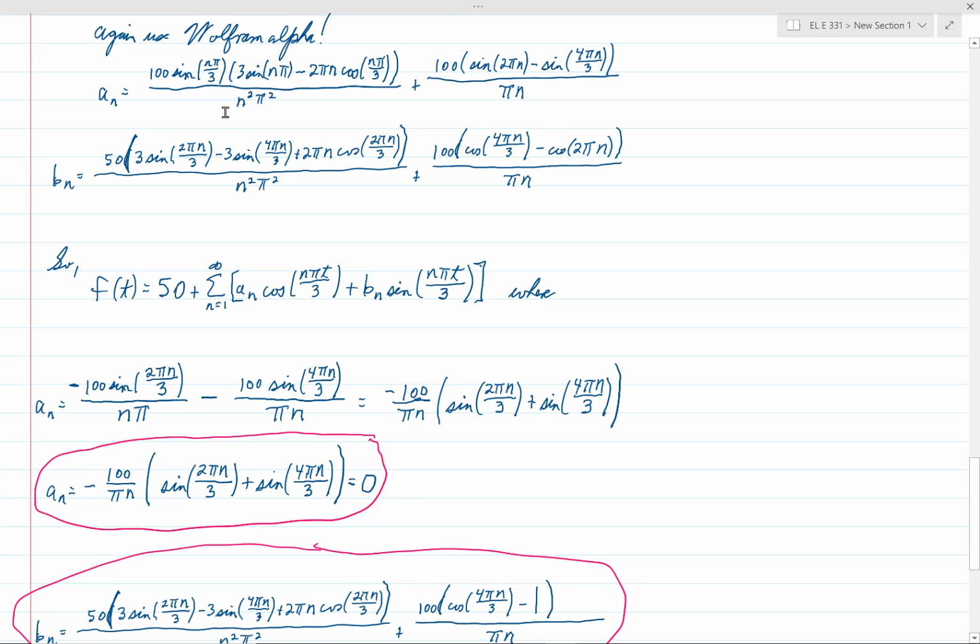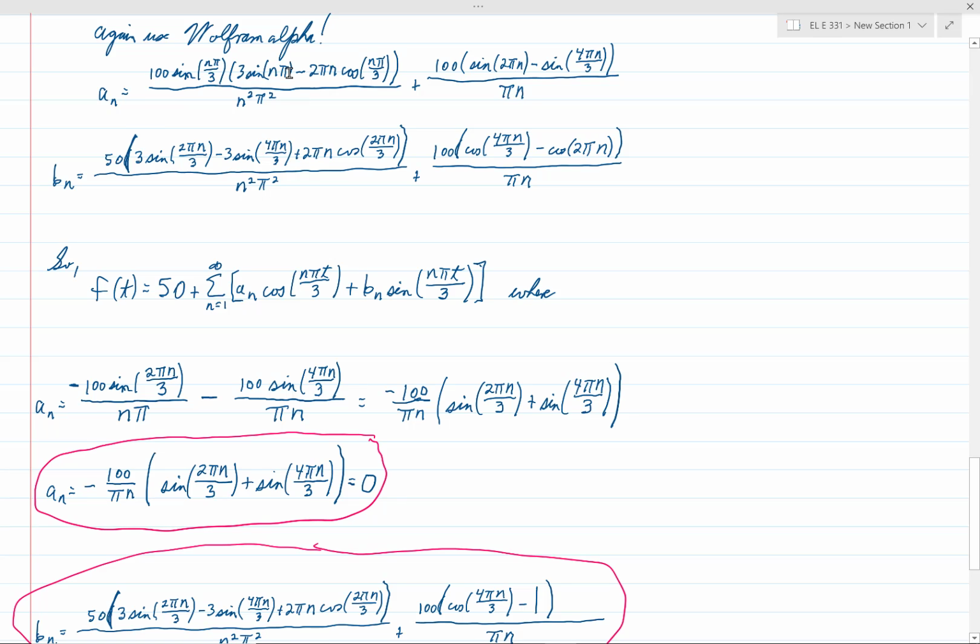Okay, if we look at An, we can see that first of all, this term, and again, remember that we have not told Wolfram Alpha that n must be a counting number. So that's why Wolfram Alpha has included this term here, 3 sine of n pi. But since we know that n is equal to an integer, that will go away. Okay?